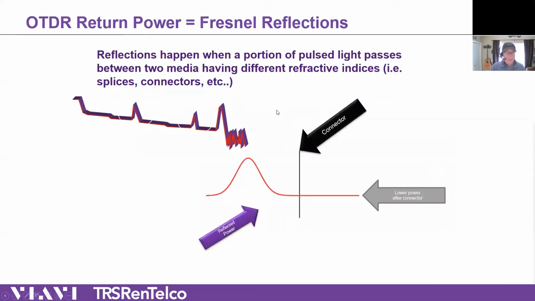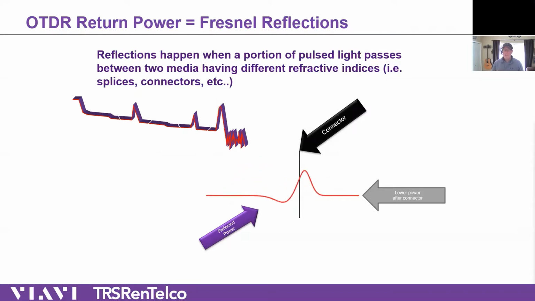So let's talk about Fresnel reflections. And the reason to talk about it is this is the number one thing you're looking for when you use an OTDR. As you transmit light down your fiber, the light goes through the fiber as we expect it to, in whatever mode that happens to be in, and then it hits something. That something is usually a connector, could be a splice, could be a really dirty fiber that's broken.